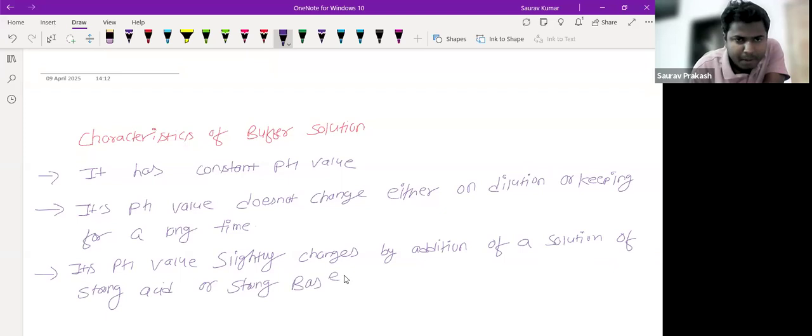These are the basic characteristics of buffer solutions.